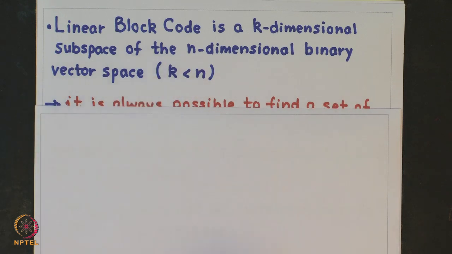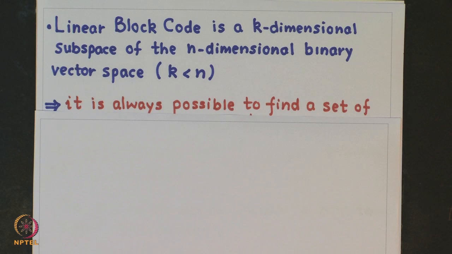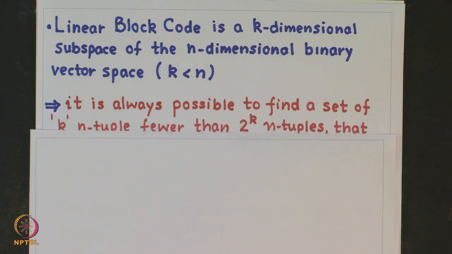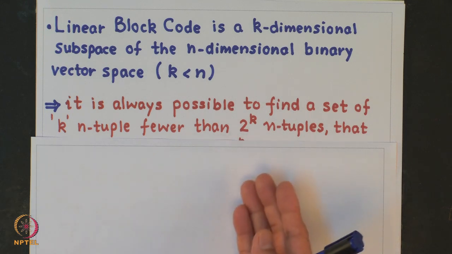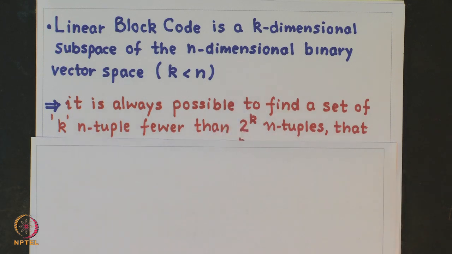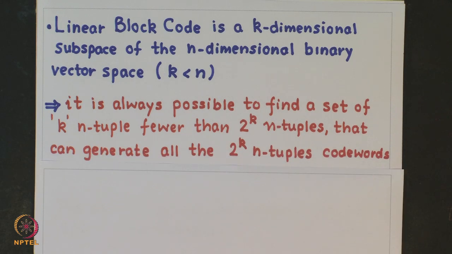So, what this implies is that it should always be possible to find a set of k n-tuple vectors, which are obviously fewer than 2 raised to k n-tuples, that can generate all the 2 raised to k n-tuple code words.